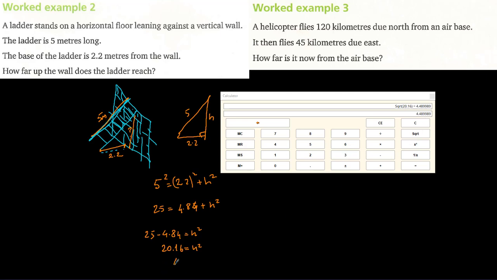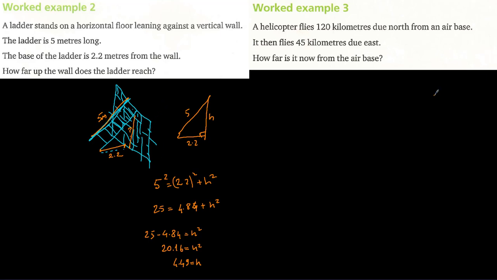I'm going to write 4.49 as the two decimal place answer for h. So this ladder reaches 4.49 meters up the wall. Okay.